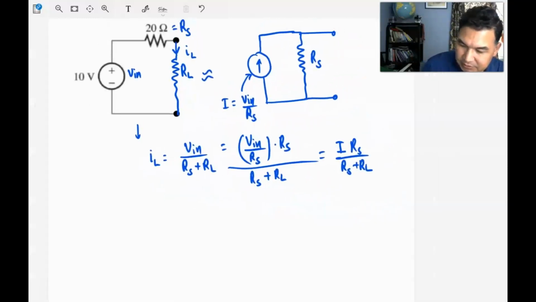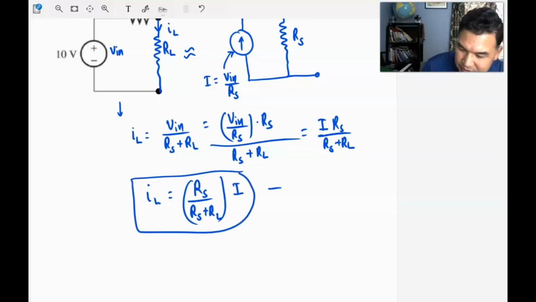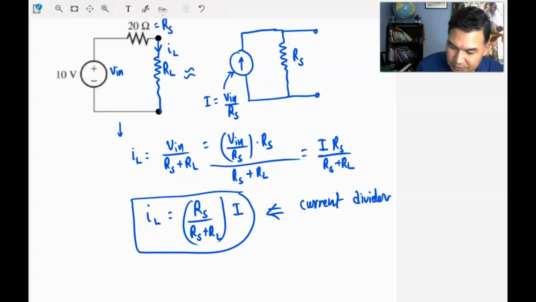So now the load current is given by RS divided by RS plus RL times the total current, which is nothing but the current divider circuit, which would supply the same load current IL.